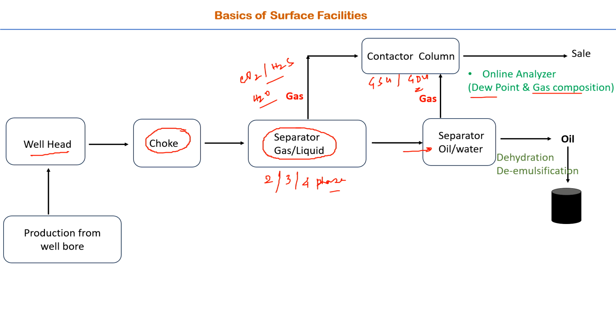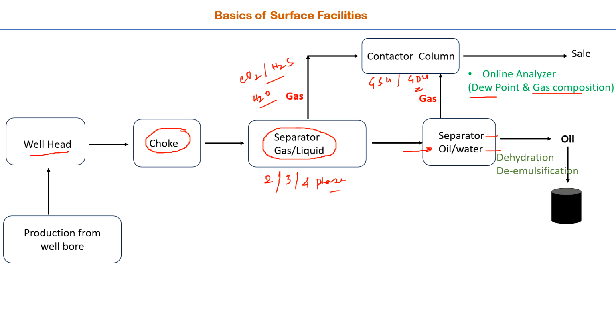This separator has a level controller installed within it. Why is it important? Suppose this is the oil level controller and this is the water level controller. We have to maintain specific levels of oil and water within the separator.